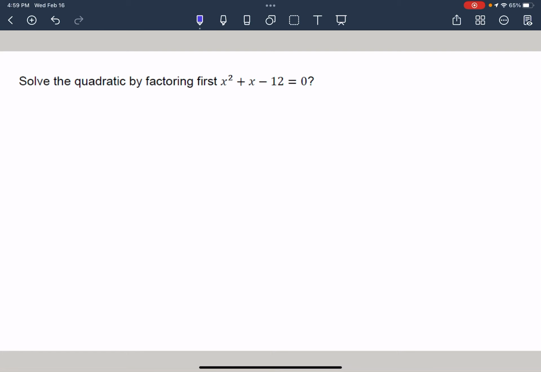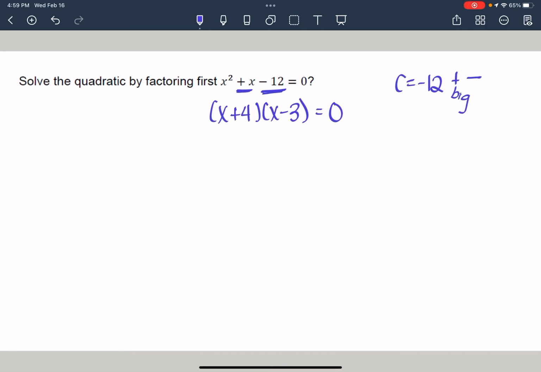So let's solve this quadratic by factoring first. We need two factors of negative 12 that add up to 1. So the correct factors will be x plus 4 times x minus 3. And that's equal to 0. Because remember, when c equals a negative number, c equals negative 12, I'll have a positive and a negative factor. And since b is positive, my bigger factor is going to be positive.